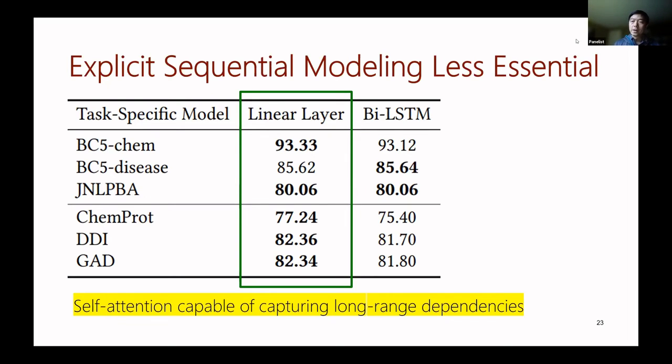So for example, for named entity recognition and relation extraction, a standard way is to put in some sort of explicit sequential modeling. And we find that with BERT, you actually don't need to do that, right? So instead of the standard way of putting an LSTM or other RNN on top of BERT, we find that a linear layer classifier is already competitive.